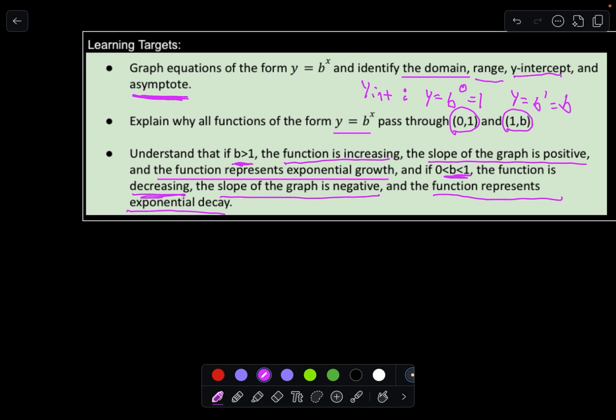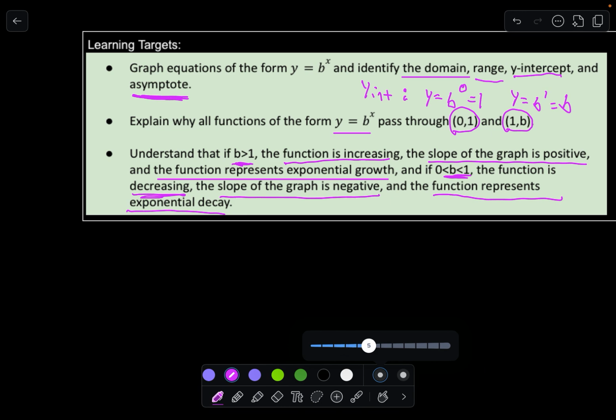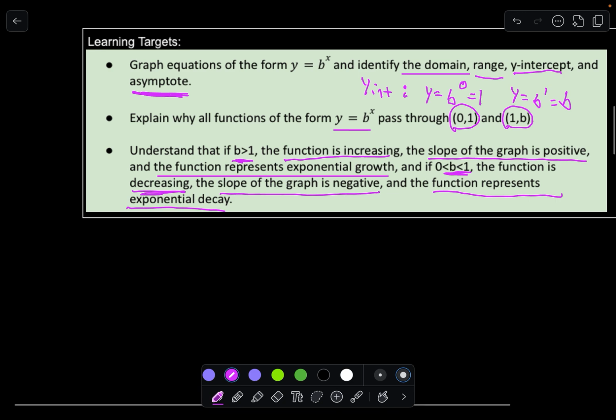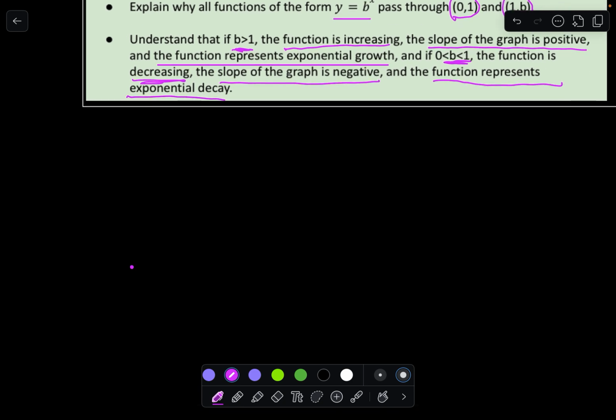Before we get into this, an important concept for you to know is, remember your basic properties of exponents. If you have 3 to the third, you know that's 27. If you have 3 squared, that's going to be 27 divided by 3, which is 9. 3 to the first is just 3.